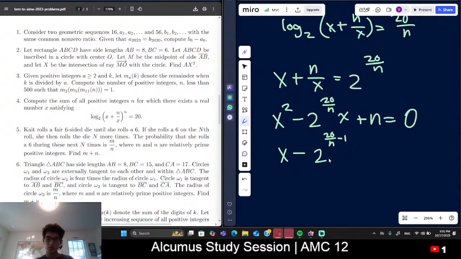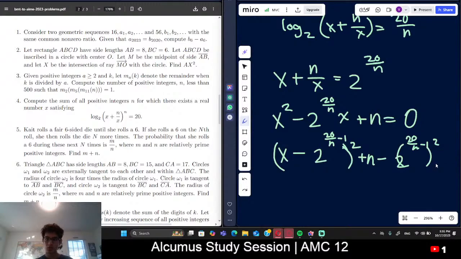Because it's 1/2. This is after dividing it by 2. It can be written as this squared plus n minus this thing over here squared. So what is this going to give us? It's going to give us 2 to the 20 over n minus 1 whole square is equal to 0.